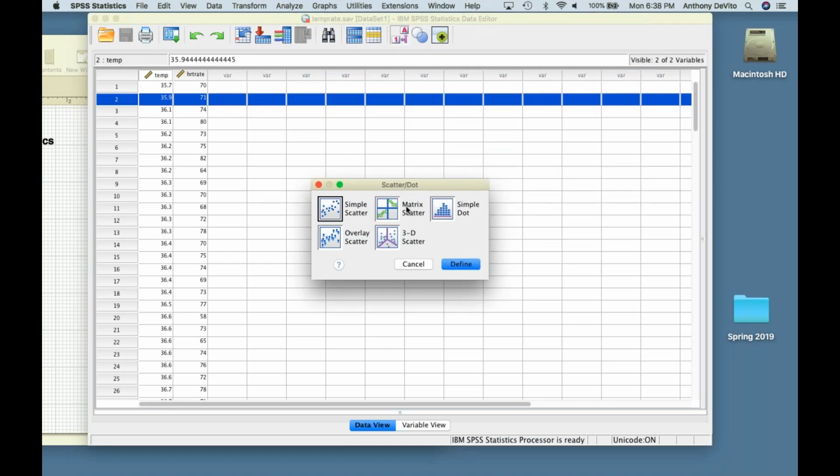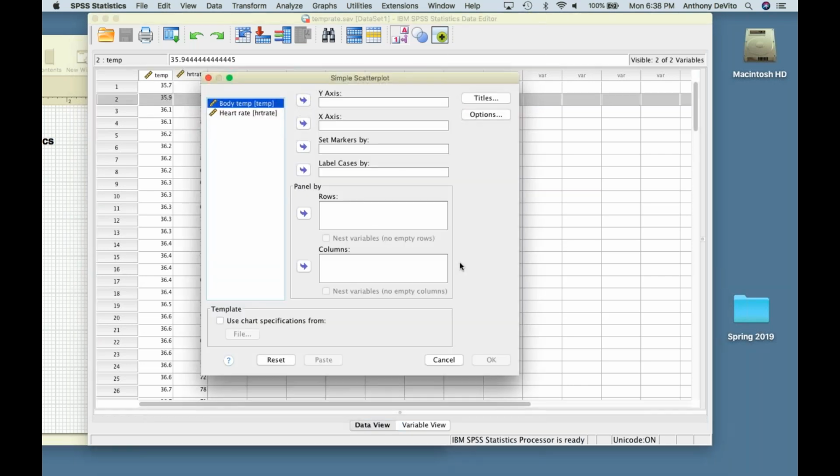When I choose scatter dot, it allows me to create an XY axis where I can define the x-axis as one of these variables and the y-axis as the other variable. For correlation, it doesn't matter which one I choose. It's going to work out the same way no matter which one I choose.